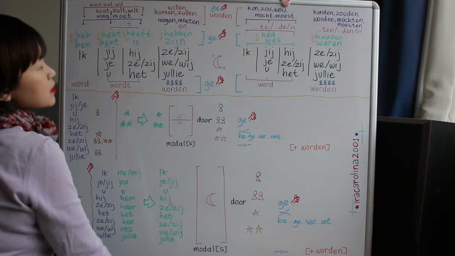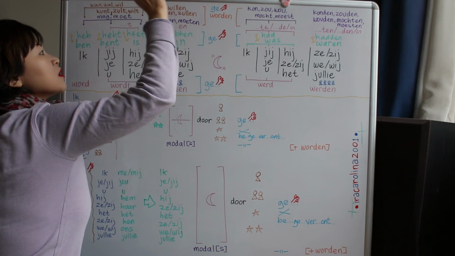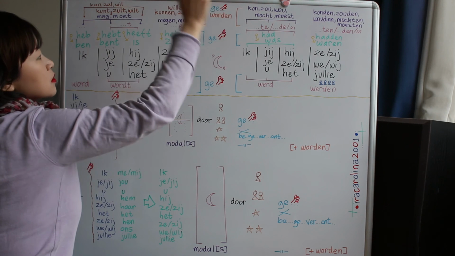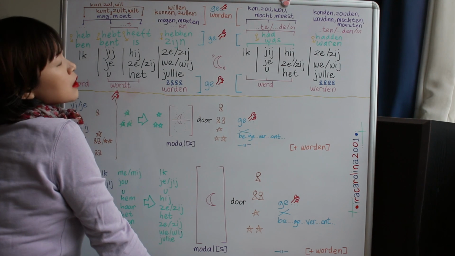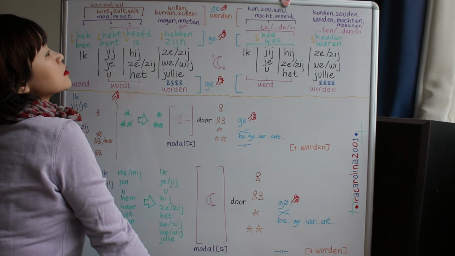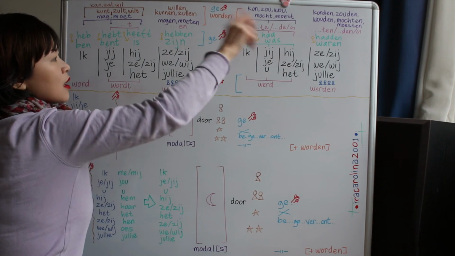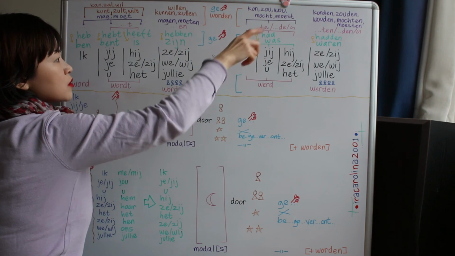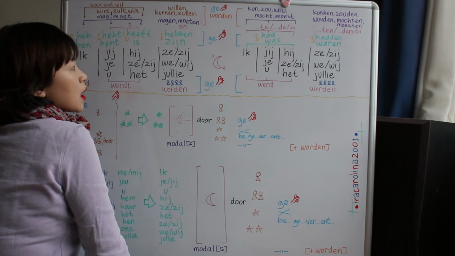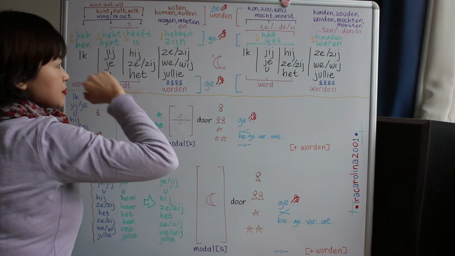Modals: for subject that consists of one, we have kon, zou, wou, mocht, moest. And for subject that is more than one, for they, we, and you guys, we have konden, zouden, wouden, mochten, moesten. Similar or a bit the same as the present.